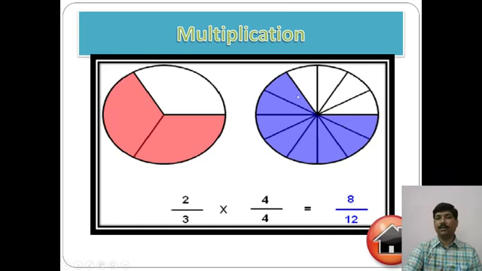In this way, if we look at the colored part in both pictures, the value is the same, but the fraction of this picture is 8 by 12 and the fraction of this picture is 2 by 3. So the value is the same. In this way, 8 upon 12 is the equivalent fraction of 2 upon 3.